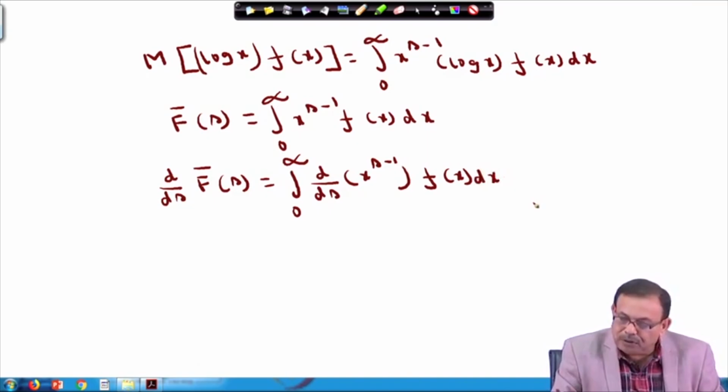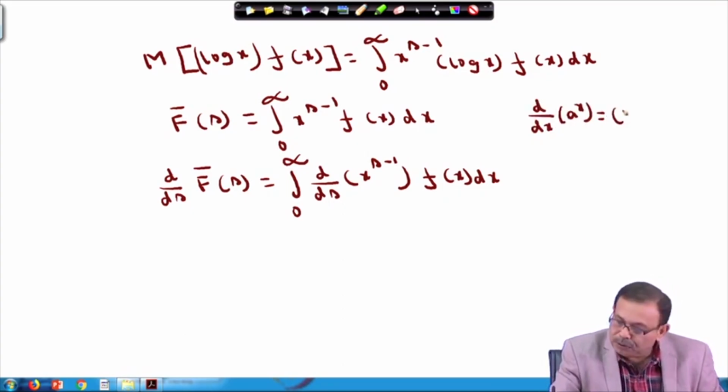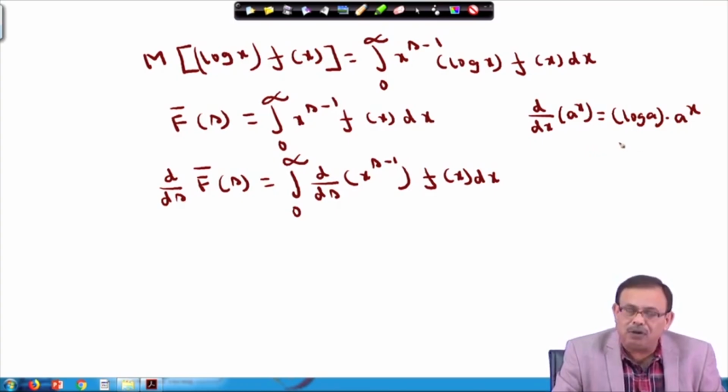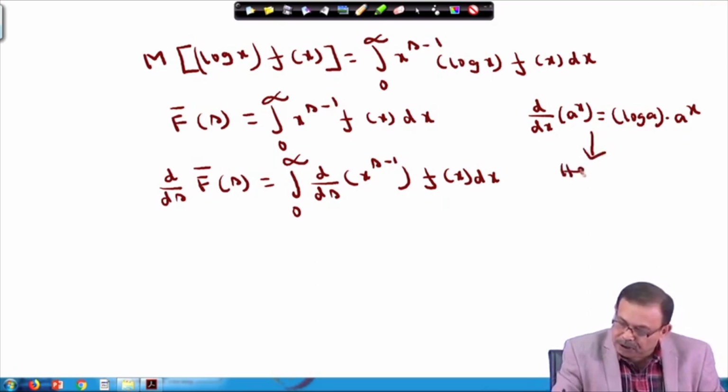Now, please note this thing, that d/dx of a to the power x is equal to log a into a to the power x. For this problem, if I interchange, your a is x and your x is s minus 1.